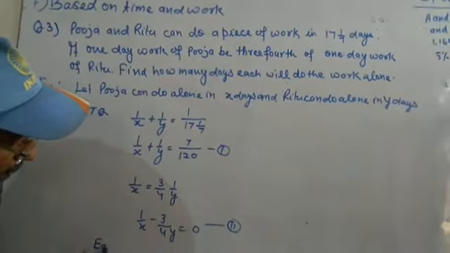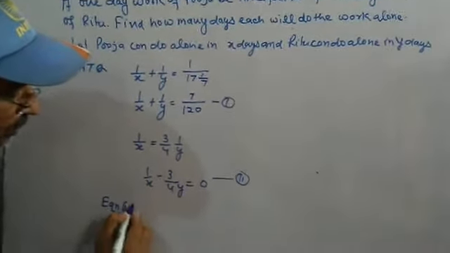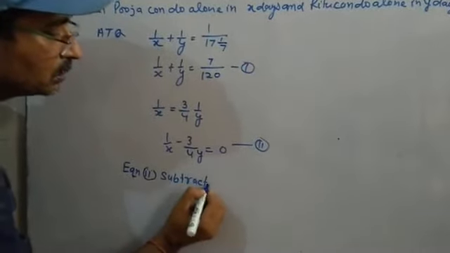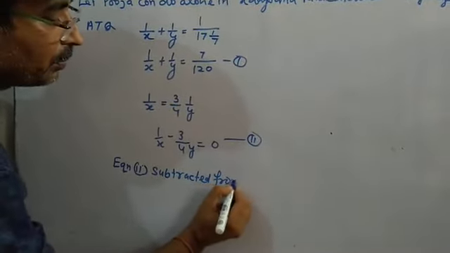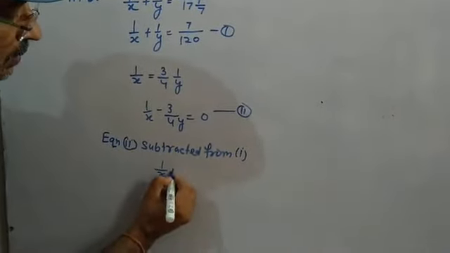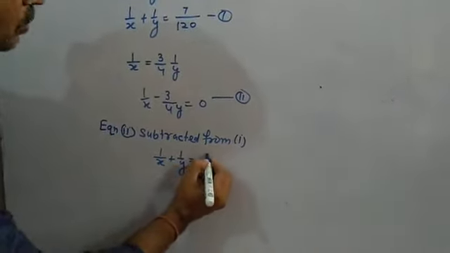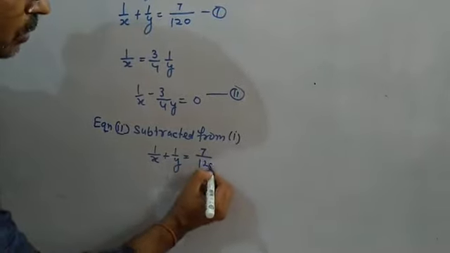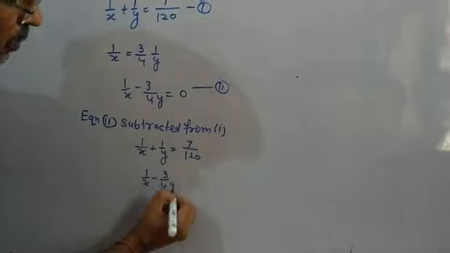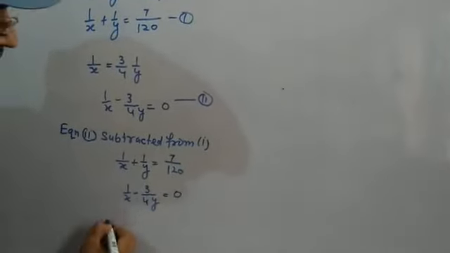Equation 2 subtracted from equation 1: 1/x plus 1/y equal to 7/120, minus 1/x minus 3/4y equal to 0.